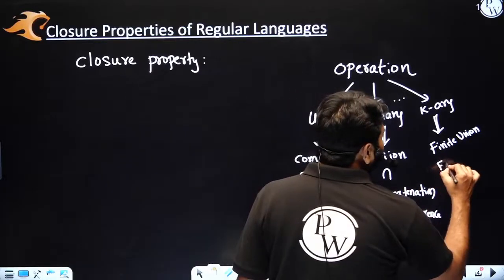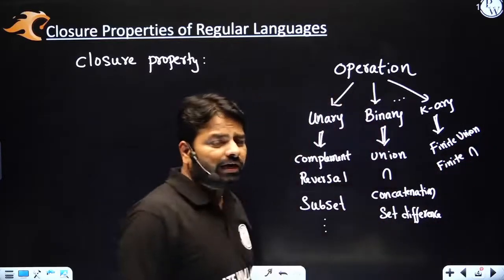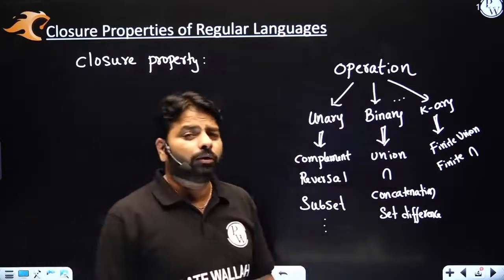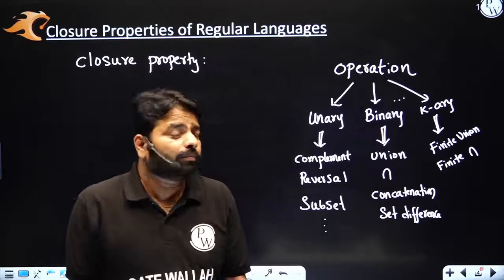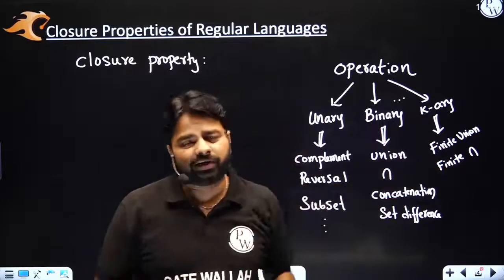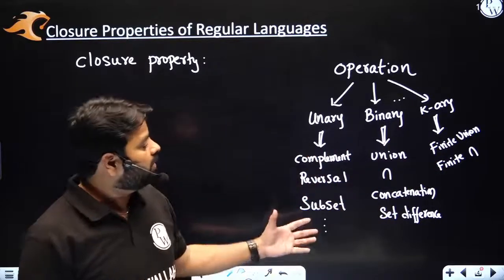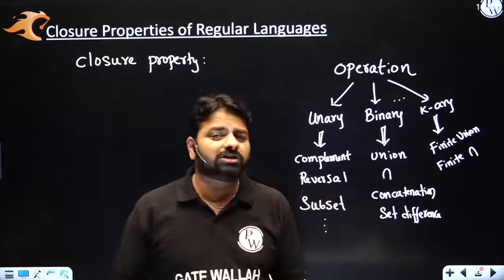Similarly, finite intersection, finite difference, finite concatenation, and so on. It could be possible even with infinite operations. Practically may not be possible, but theoretically we will talk about infinite union, infinite intersection, and so on. So this is the closure properties, which we can apply for finite languages, infinite languages.